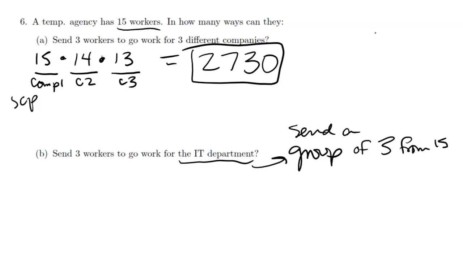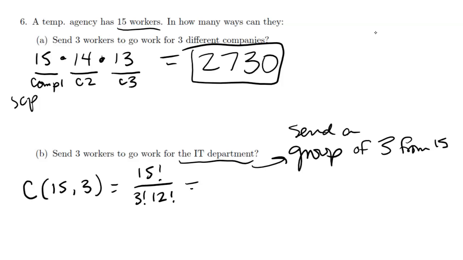So this is going to be one event, just a single combination, where from 15 we're going to pick 3. So that means we're going to have 15 factorial over 3 factorial, and then 15 minus 3 is 12, so 12 factorial.